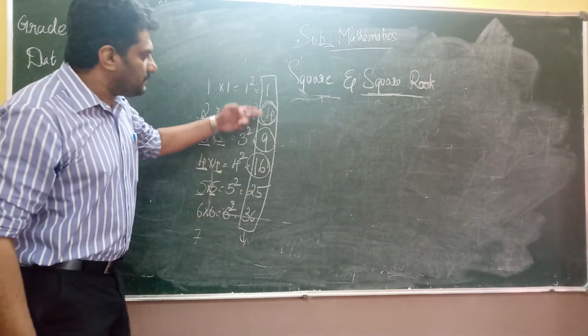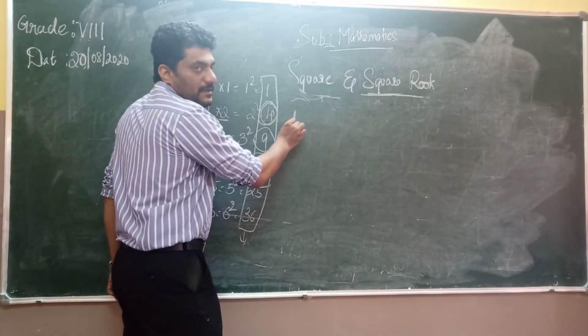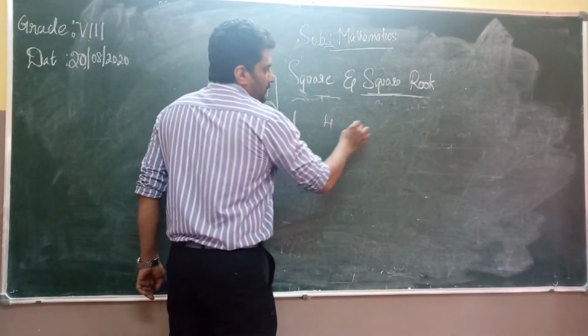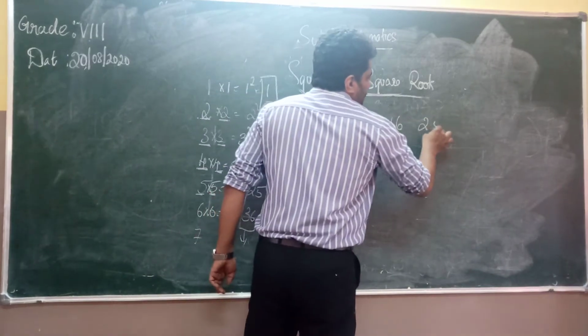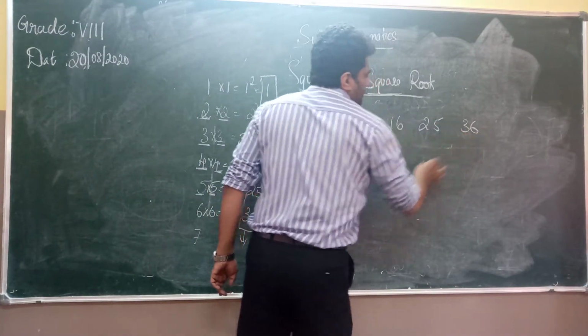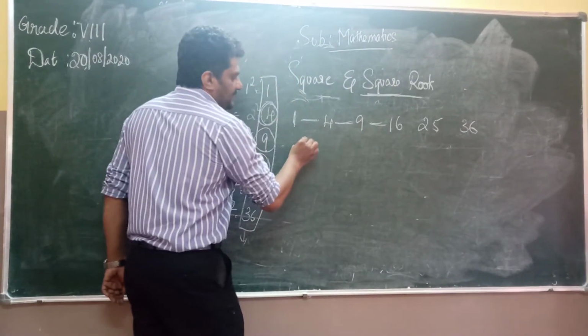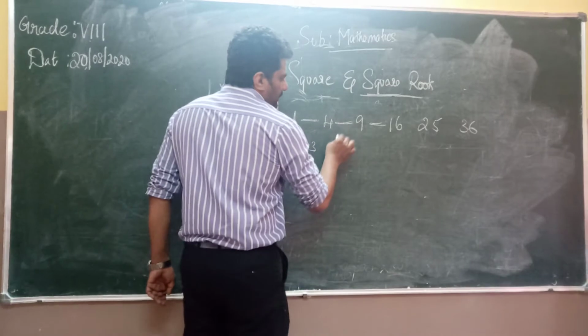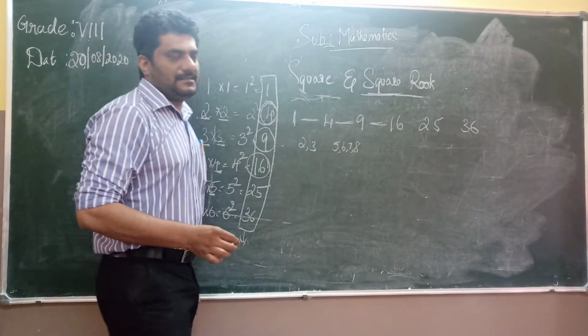Now what are the numbers between all these squares? If I write 1, this is the first square, then 4, 9, 16, 25, 36. There are a few numbers in between, right? In this case 2 and 3. Here 5, 6, 7, 8.